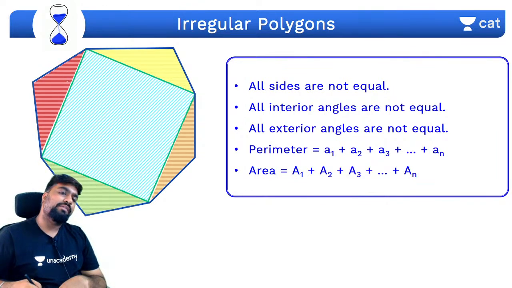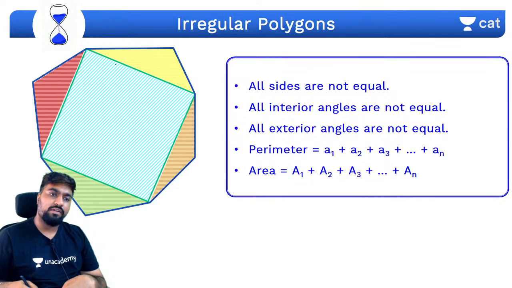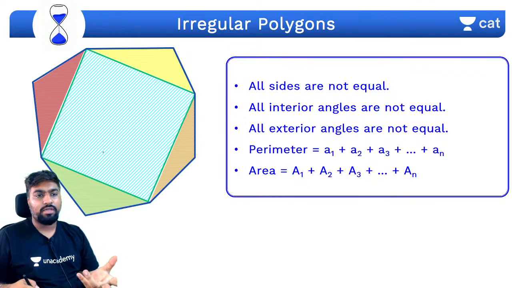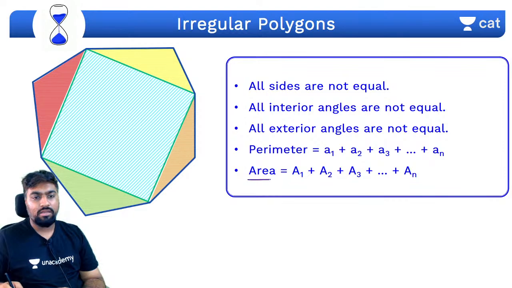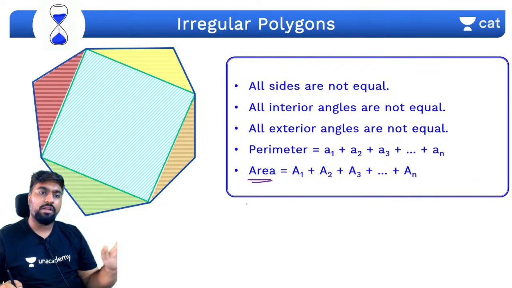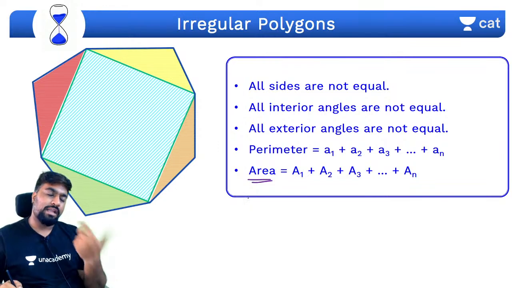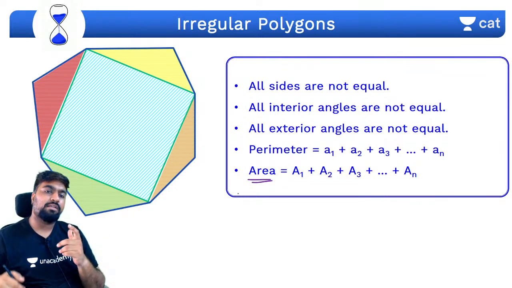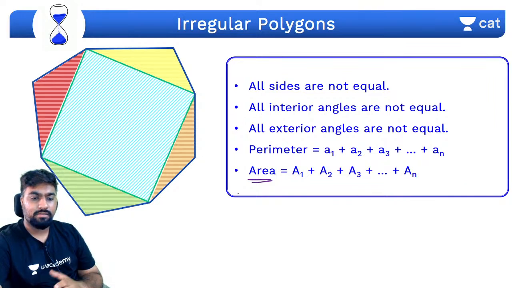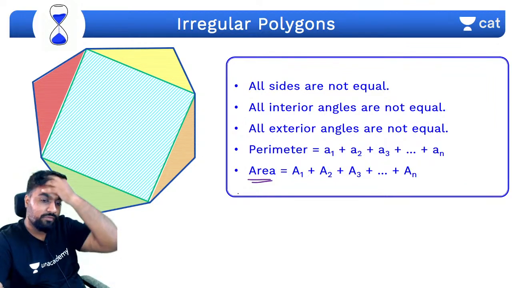You have to identify different parts. Once you identify the area of the different parts, add them all together, and this will give you the area of the entire polygon. Clear? So there is no formula for an irregular polygon. There are formulas for regular polygons, but remembering them could be a task. Understood? Any confusions here, guys?